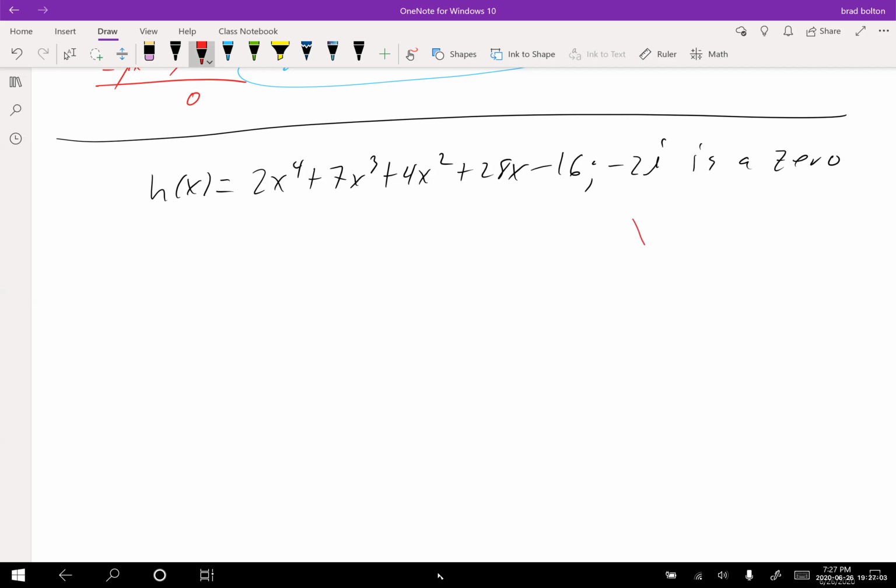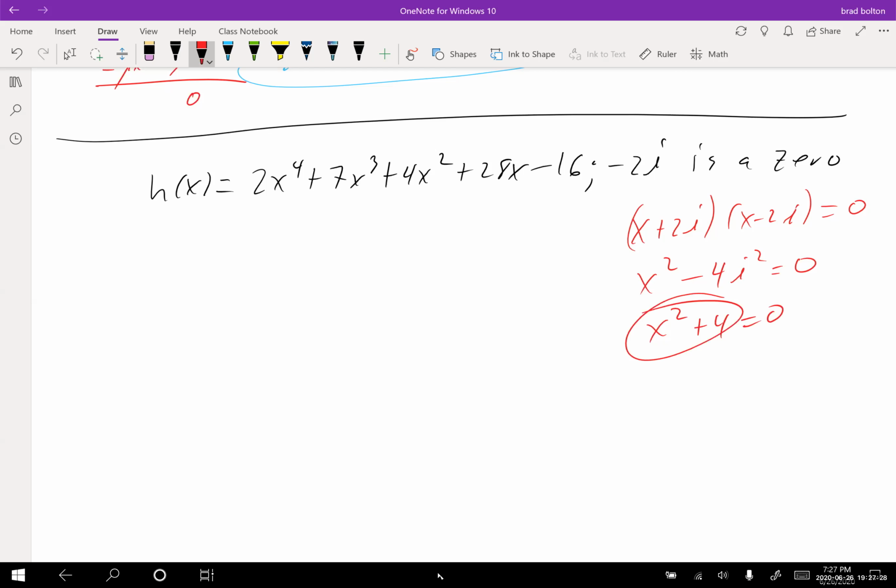We're going to say, well, x plus 2i times x minus 2i, right? Because the same thing we did last time, if we set them both equal to 0, by subtracting, x equals 2i, negative 2i, and so on, we'll get it back to this. So then this becomes x squared minus 4i squared, but that's really x squared plus 4 equals 0. So this is my new polynomial that I'm going to use to do long division.